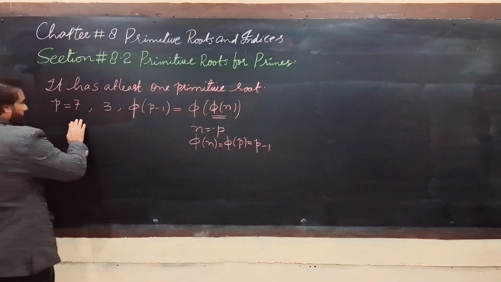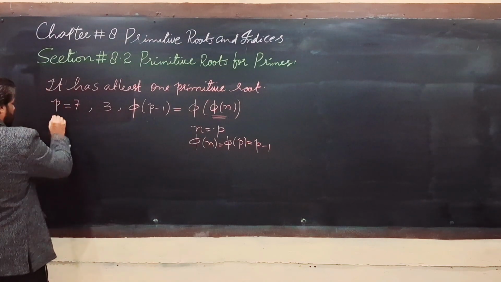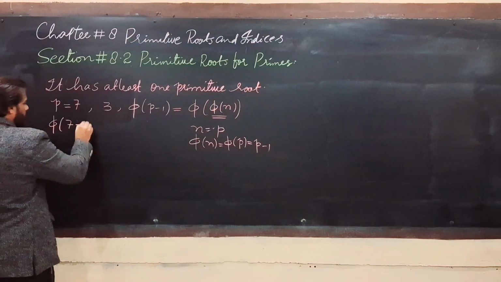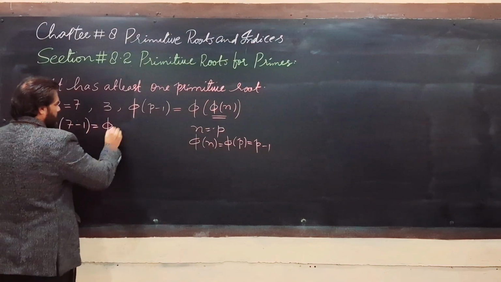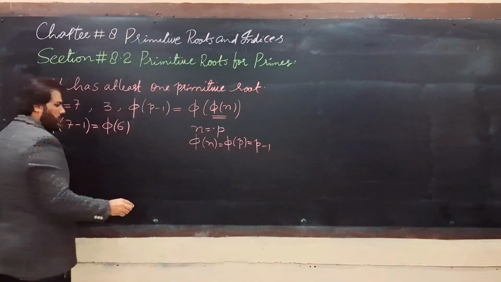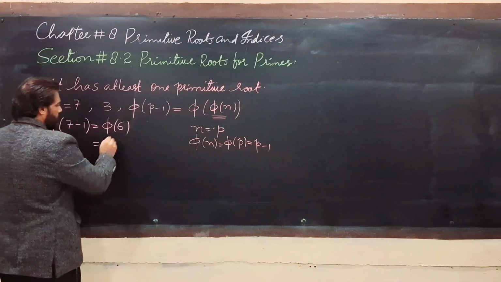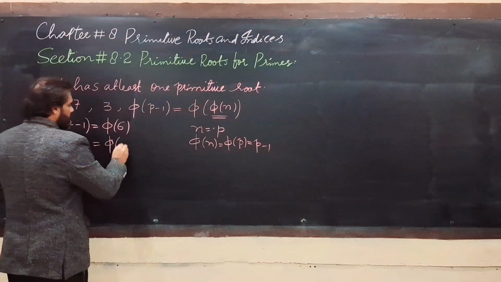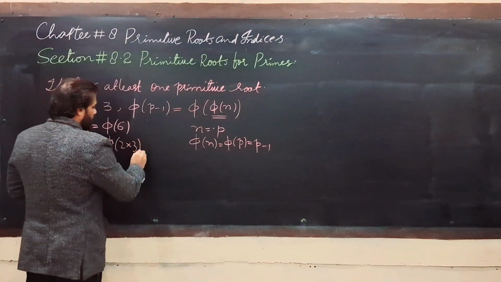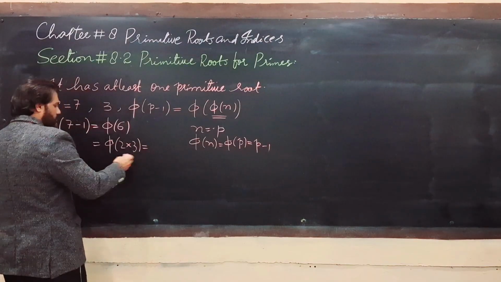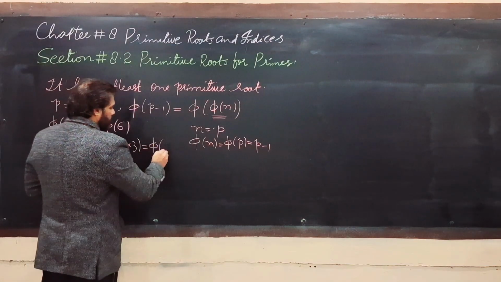In case when p is 7, the total number of primitive roots is phi of 7 minus 1, which is equal to phi of 6. To calculate phi of 6, we make its prime factorization. The prime factorization of 6 is 2 into 3. Now we can separate phi at each number.